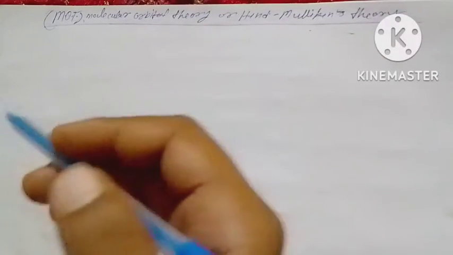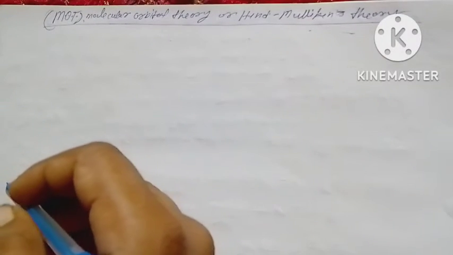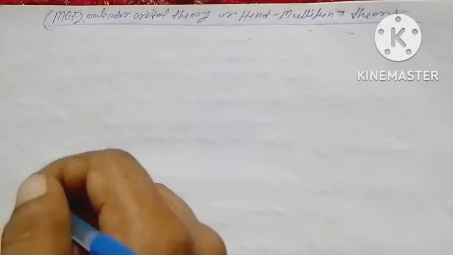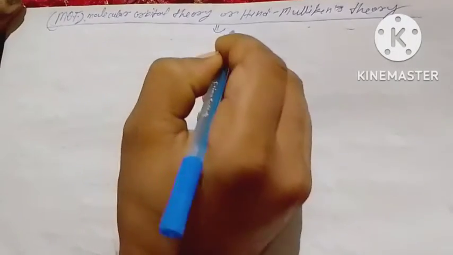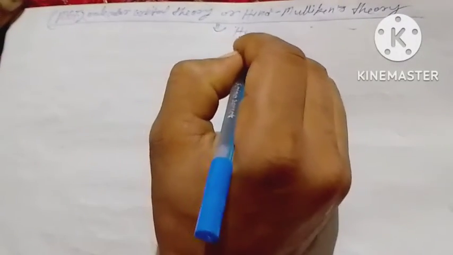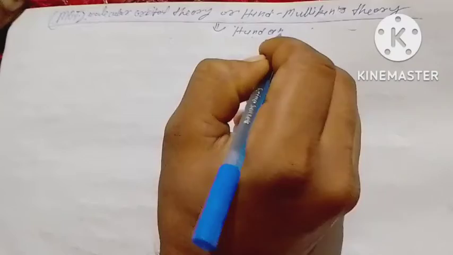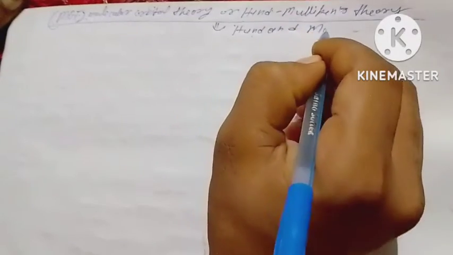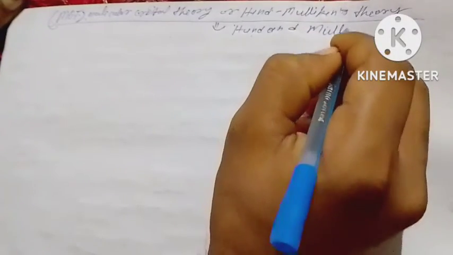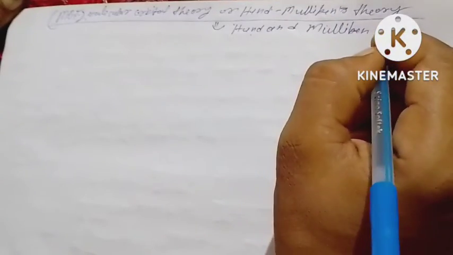This theory was proposed by Hund and Mulliken in 1932.